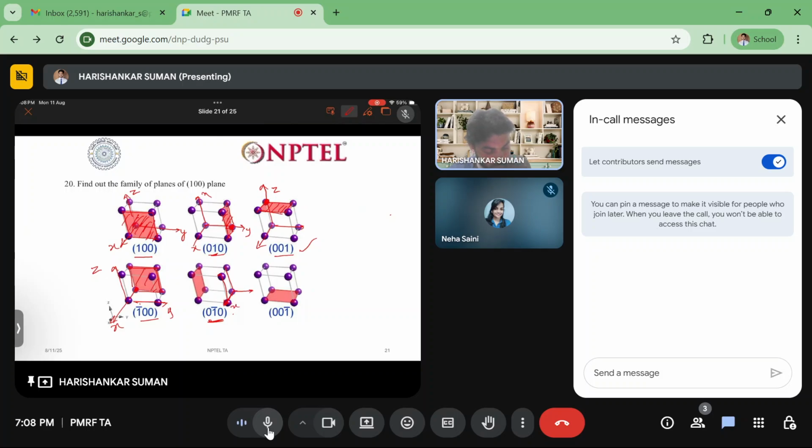Let's say x, y, and z. So this is minus y. And minus z, x, y, and z. So this will be minus z. Okay. In this way, you can shift the origin and decide the planes.